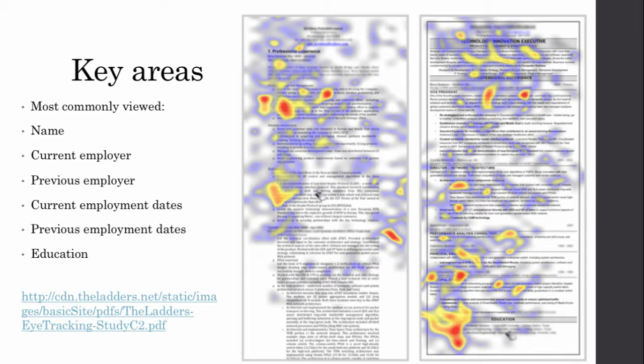And so this is the result of an eye tracking study where hiring professionals, potential employers, were recorded while they were looking over resumes. And they didn't know that they were being tracked. Their eyes were being tracked and they were being timed on how long they looked. So they found that on average, these professionals looked at each resume for about 6 seconds.